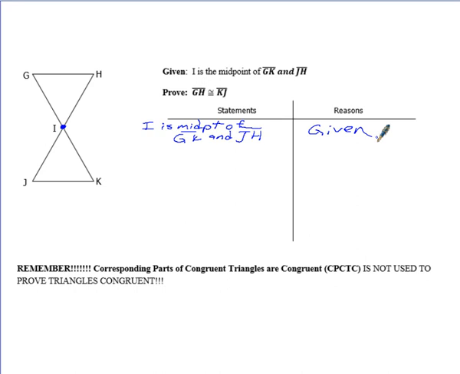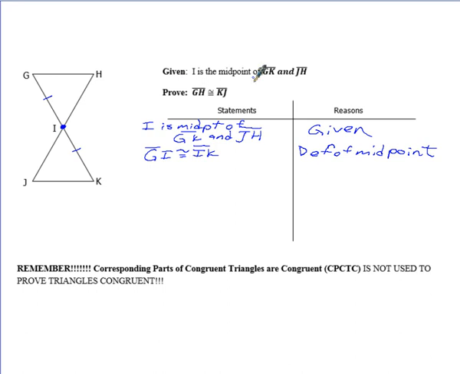And so now the idea again is, what can I pull from the midpoint? From this being the midpoint, I can state that GI is congruent to IK. And that is the definition of midpoint.